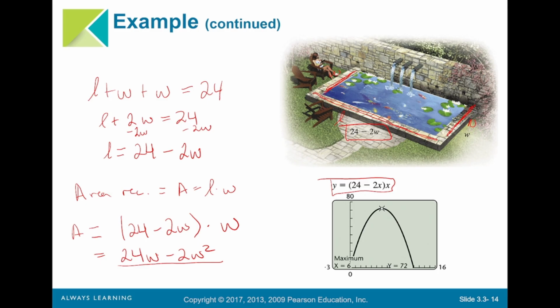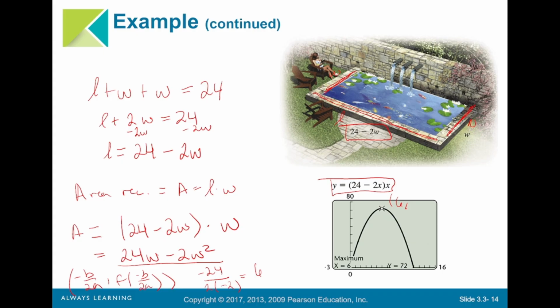But if you grab our negative b over 2a formula that we have for the vertex, you'll see that we have negative 24 divided by 2 times a, sitting right in front of our W squared, negative 2, which is, of course, 24 over negative 4, so 6. So we know that our vertex sits at 6, comma, and now we got to plug in 6 to figure out the 72.